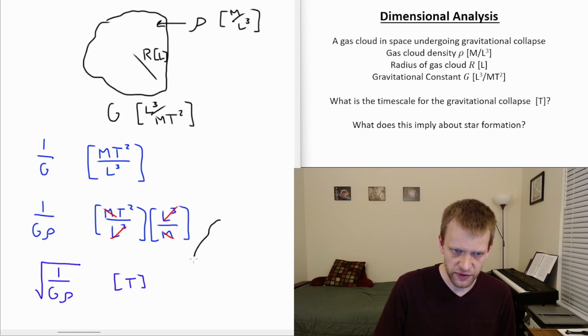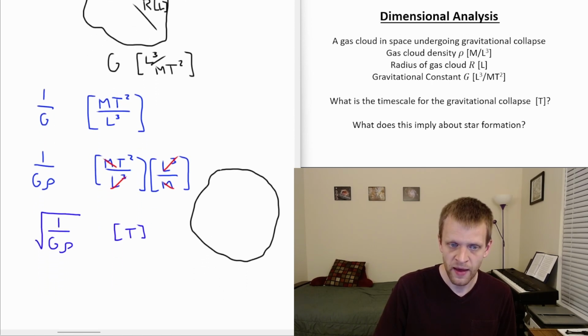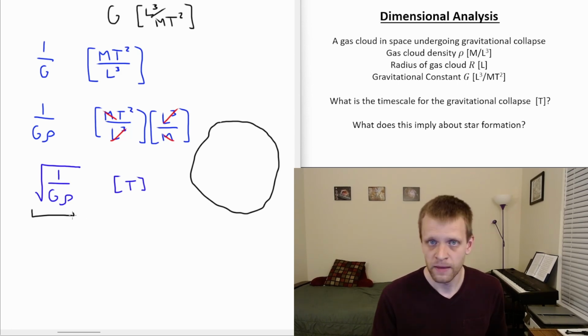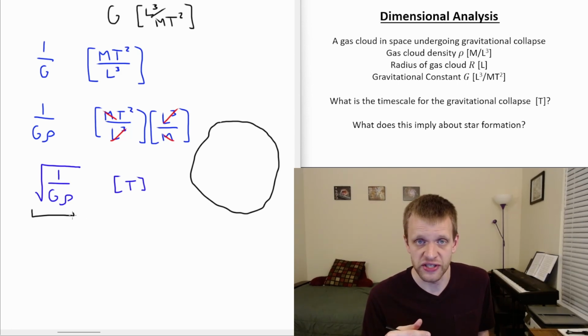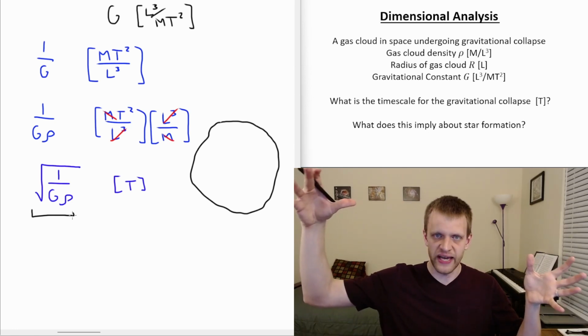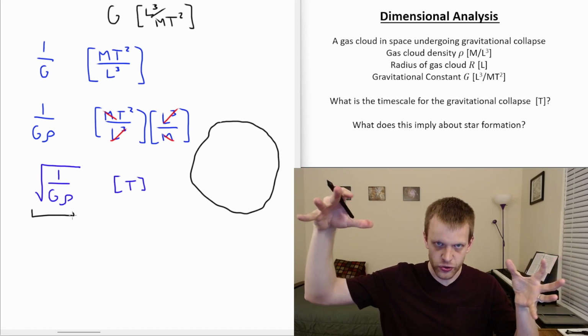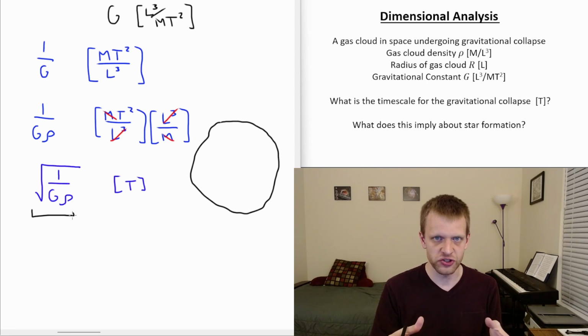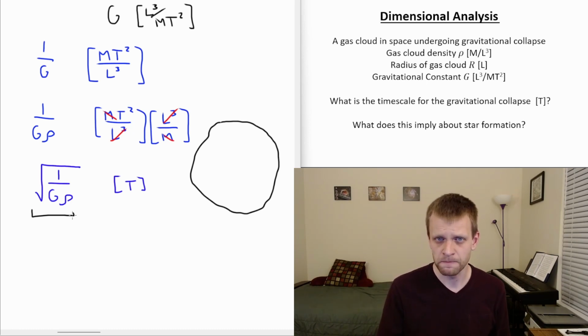Let's say I've got this giant cloud of gas and dust in space, and we've got this average density for the cloud, and this time scale is going to tell us how long this thing takes to collapse. Well, we might want to know, is this giant cloud going to collapse into just one star? Or is it going to collapse into multiple stars? How does that actually happen?